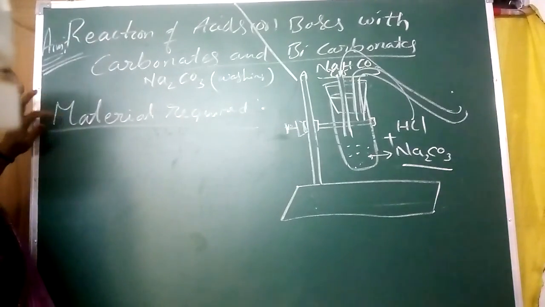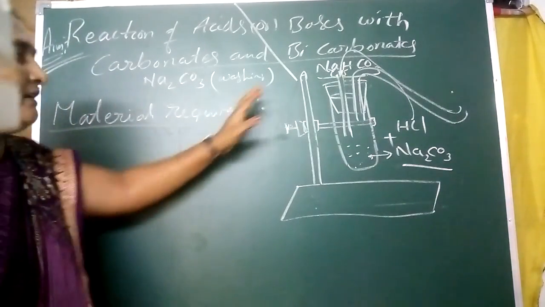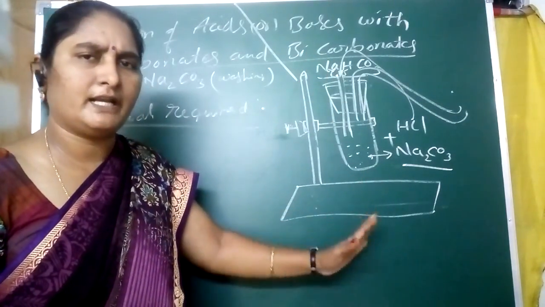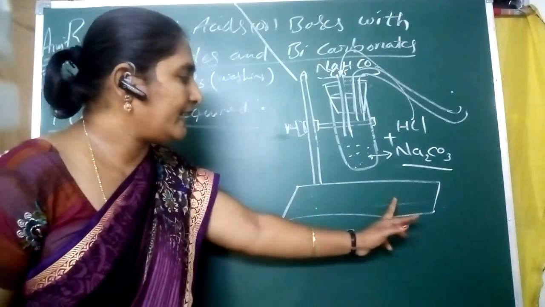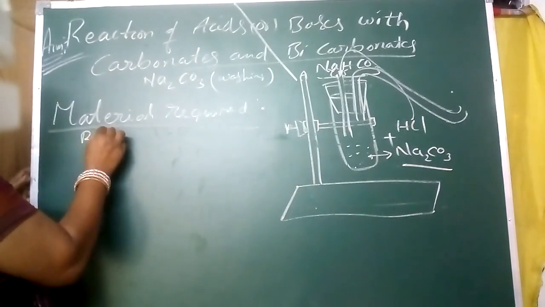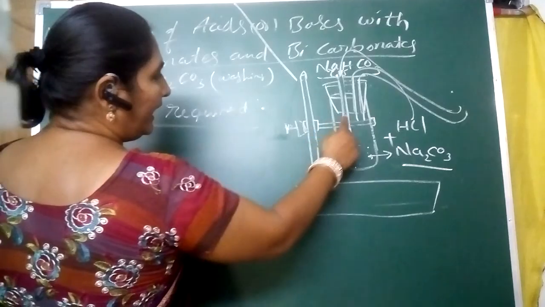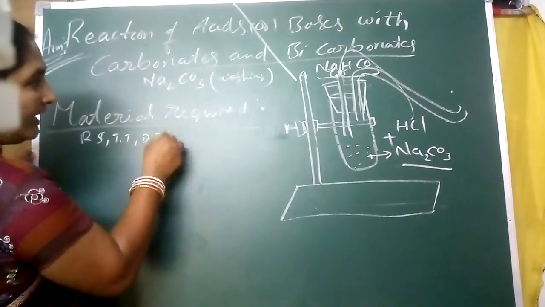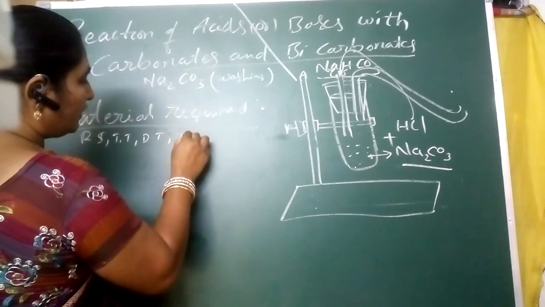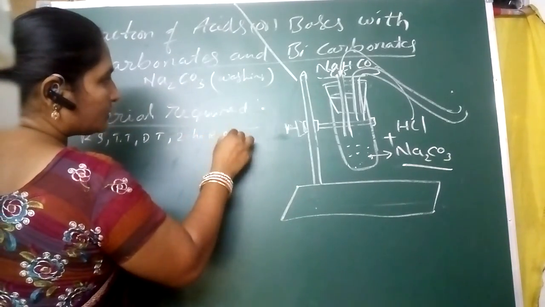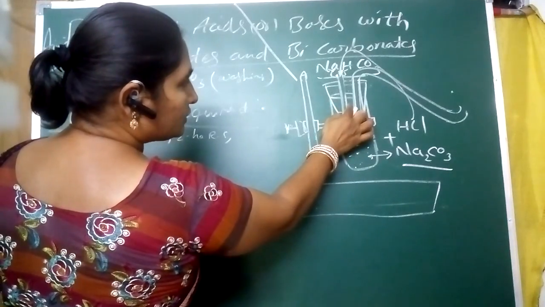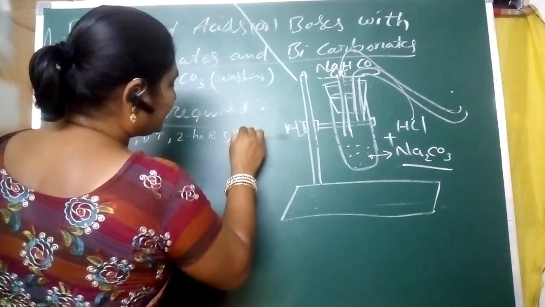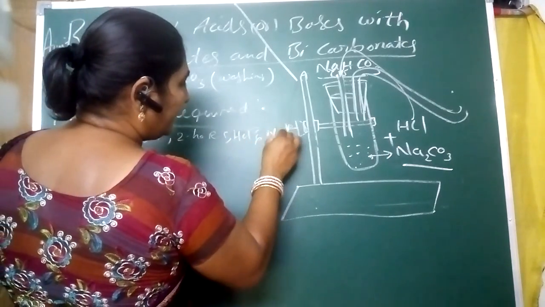Then after that we have to write the materials required. What are the materials required in this experiment? By seeing the diagram you can write them. Retort stand is required, and a test tube, a delivery tube, a two-holed rubber stopper, and HCl and Na2CO3.